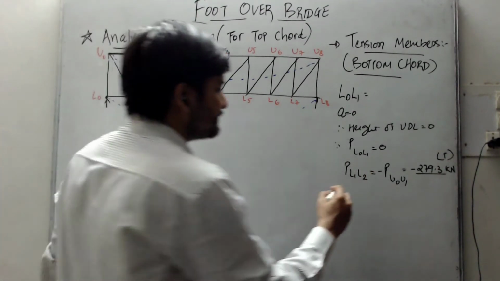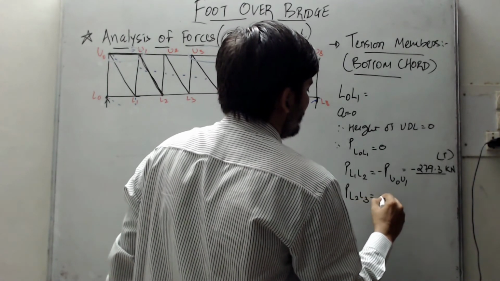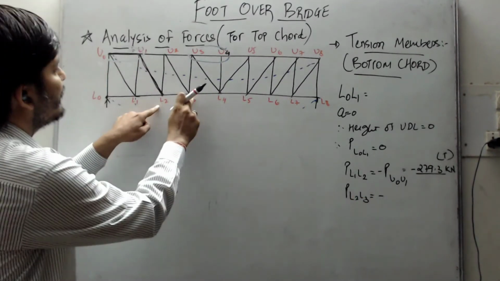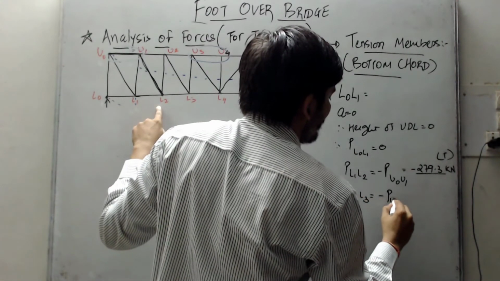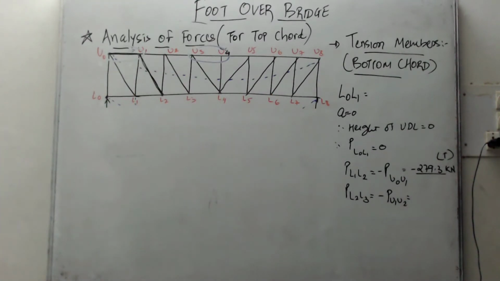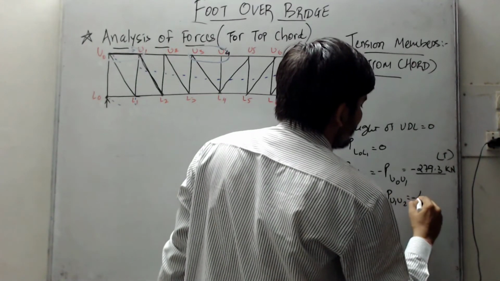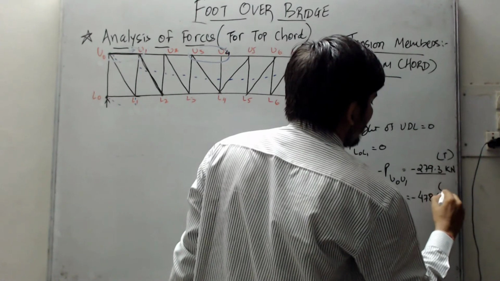Next, P L2, L3 will be equal to minus P U1, U2. If you see your previous calculation, the force in U1, U2 was 478.8, so here it will become minus 478.8 kilonewton. Negative means again it is in tension.